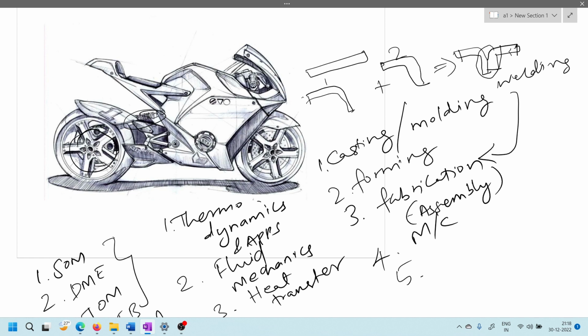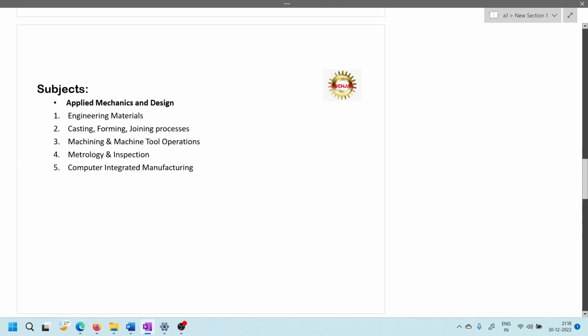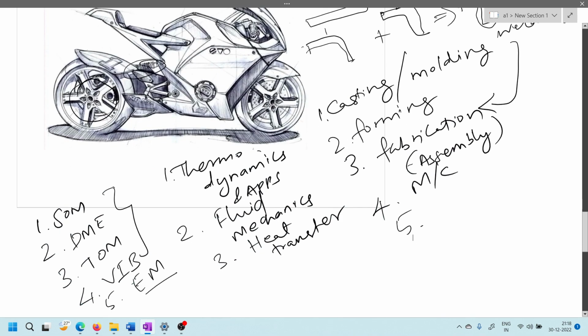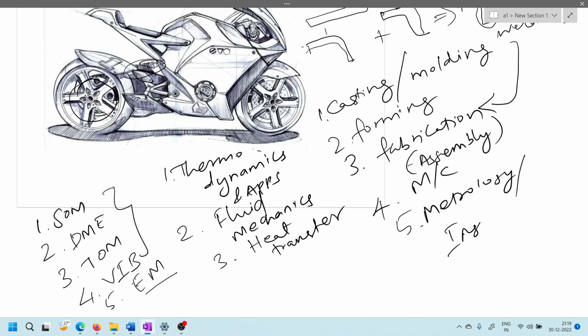So that also comes under what is that? Metrology and inspection. Metrology means to study the types of measuring systems, measuring equipment, all those things. The inspection means checking it directly. What types of inspections we have, and understanding the tolerances, all the things.